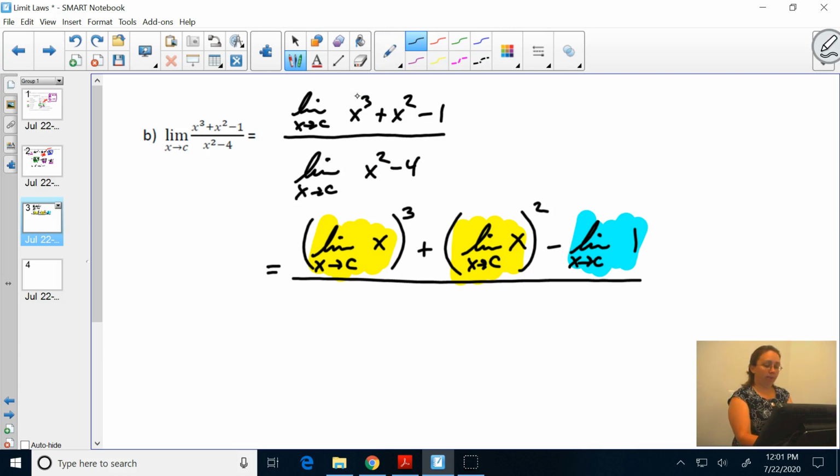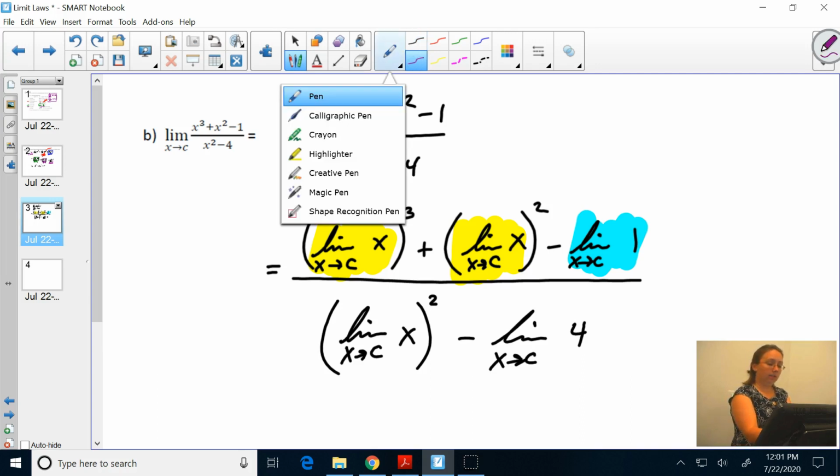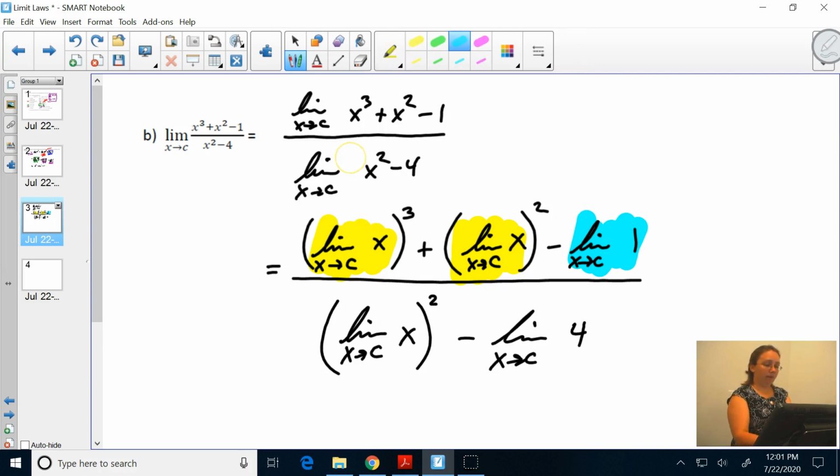All right, so on the bottom we do the same thing. We're going to have the limit of the first term, x. The square will go on the outside of the limit, minus the limit as x approaches c for the constant 4. Again, these are all things we've talked about. First of all, right here we have a constant, and here we have an identity.